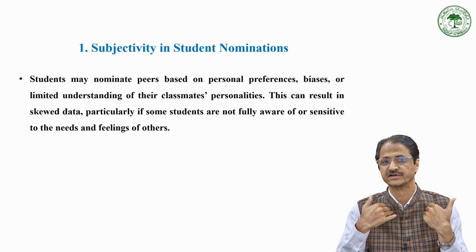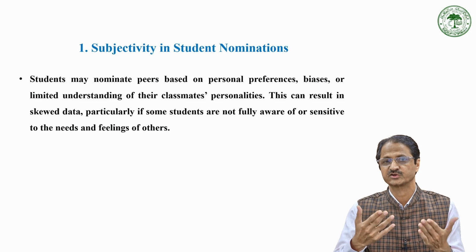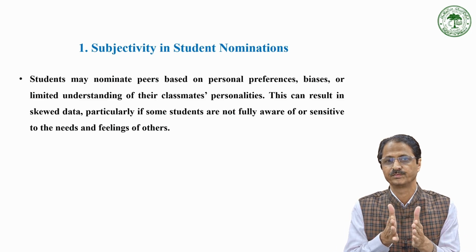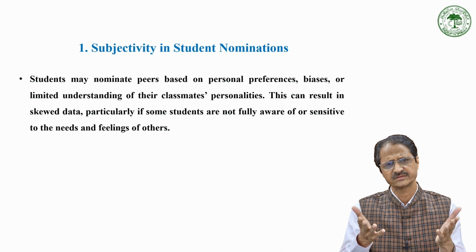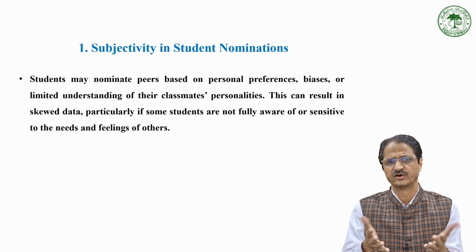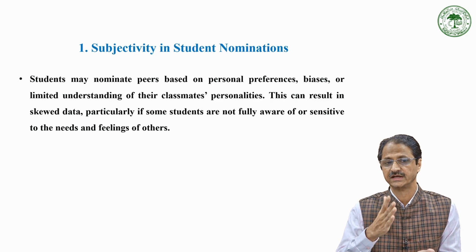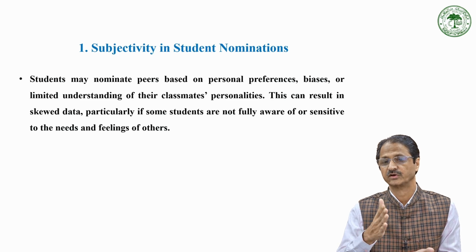But we are considering that he or she is nominating or considering a star, or someone who has a good connection. Many times students do not have knowledge of their classmates. Their true personality is not known to them. So there is a possibility of making errors in nomination.